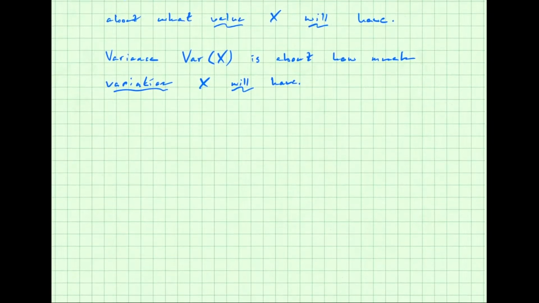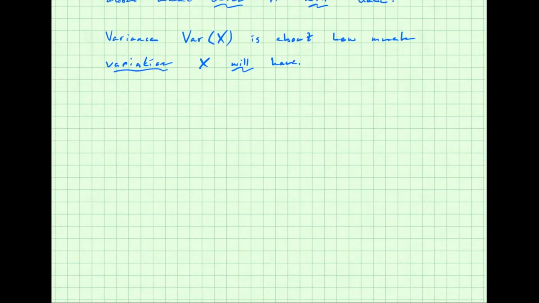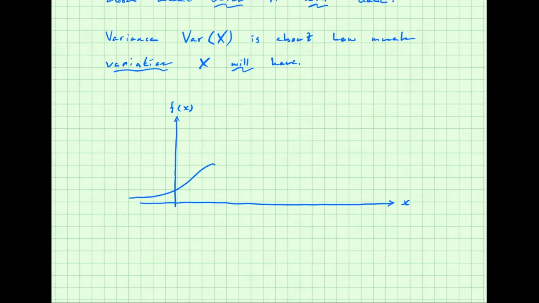So I'm going to draw a little picture here to try to illustrate this. So suppose you have some PDF function for the random variable X. And let's just make an arbitrary looking distribution. May as well not make it look totally boring. Maybe it has a couple of humps like this or something. Like that.